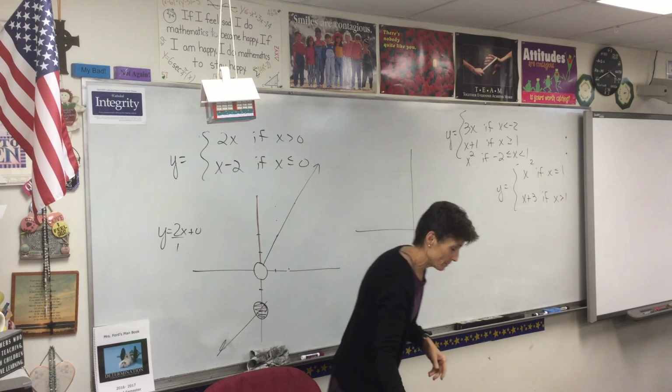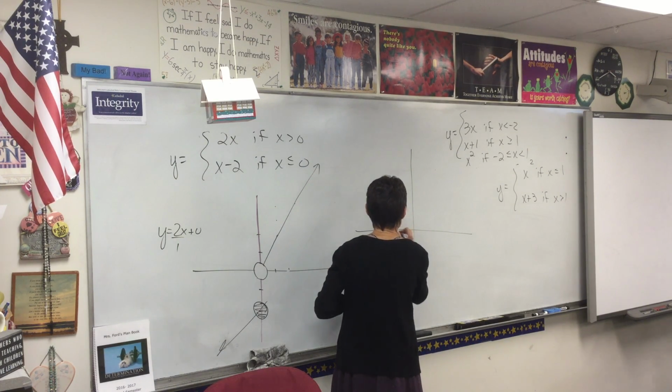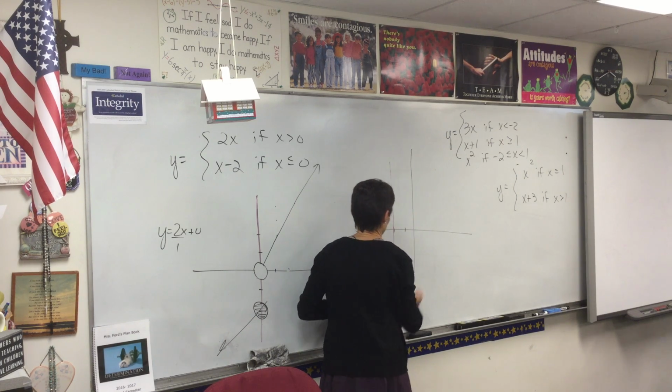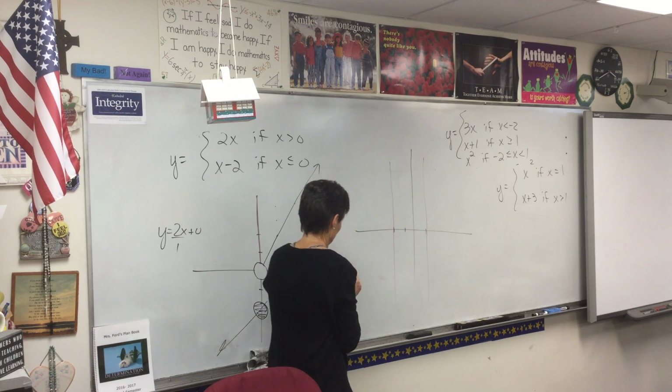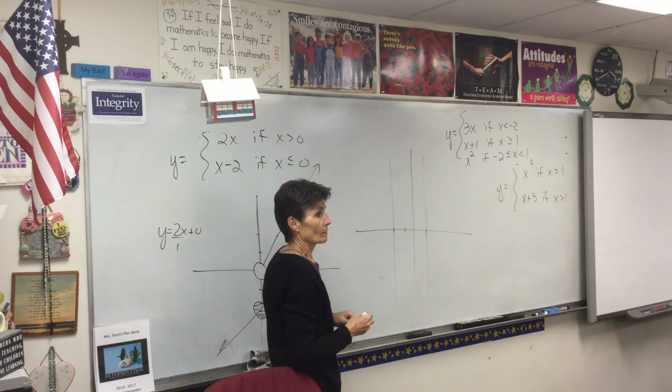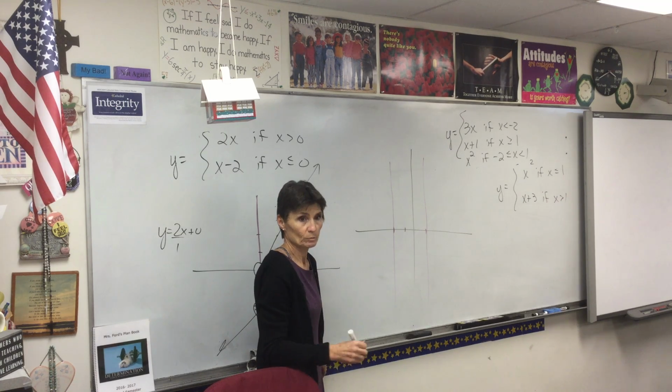Okay, so let me get those drawn in here. So a dividing line at -2 and at 1. If it has two, you just put them in both? Yep, they're both dividing lines.